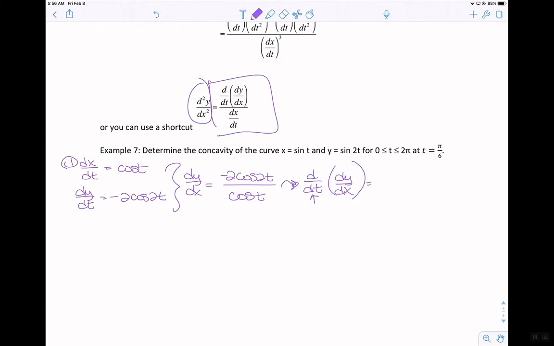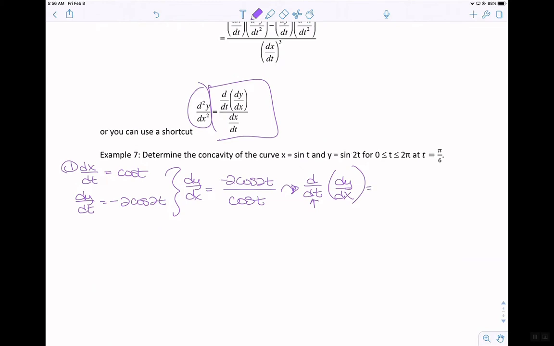So this requires quotient rule, and I may run out of room, so let's write a little bit smaller here. So cosine t times negative 4 sine of 2t, minus negative 2 cosine 2t times negative sine of t, all divided by cosine of t, the quantity squared.